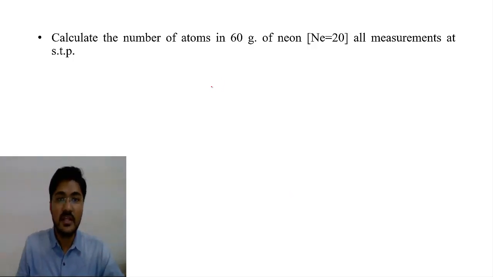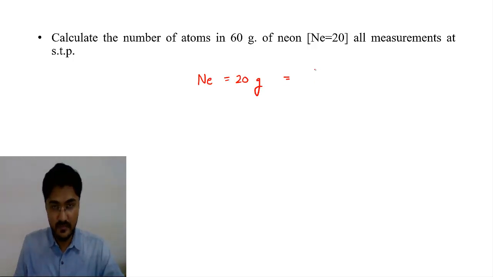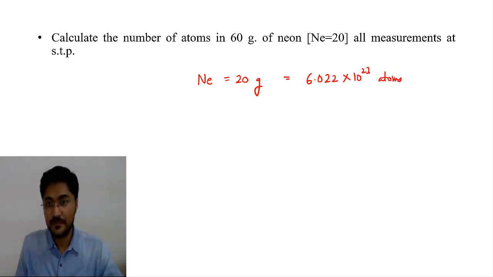Calculate the number of atoms in 60 grams of neon. So neon is given 20. So 20 grams will be gram atomic mass, which will contain 6.022 into 10 raised to 23 atoms. And the given mass is 60 grams and we have to find the number of atoms present.